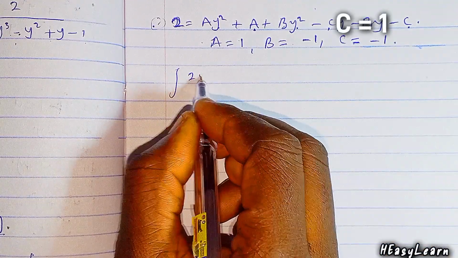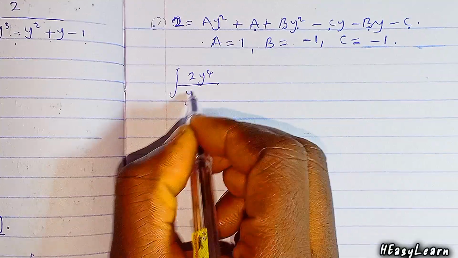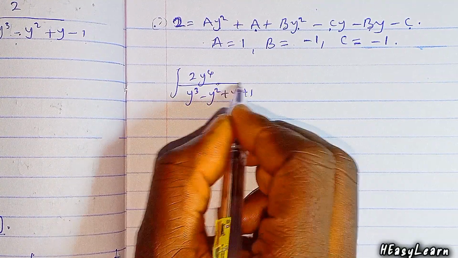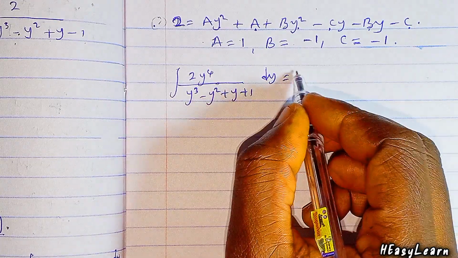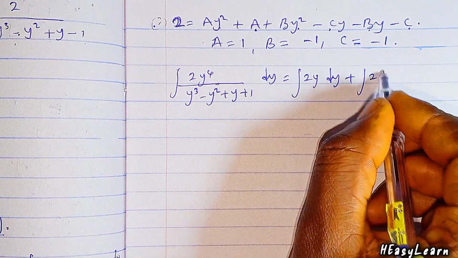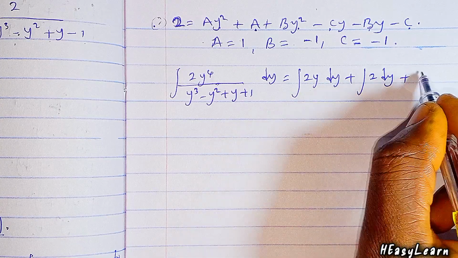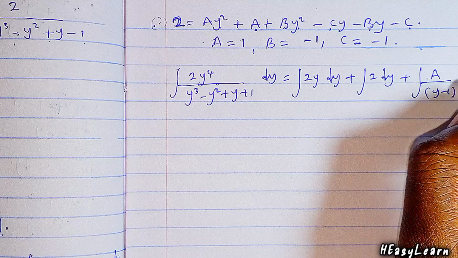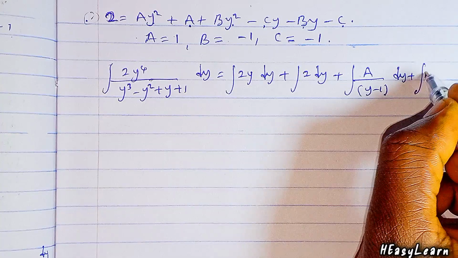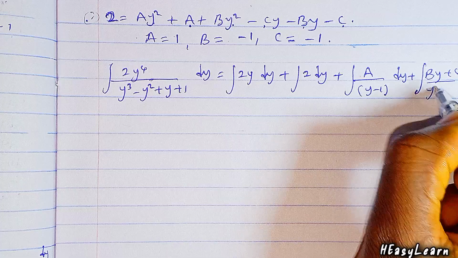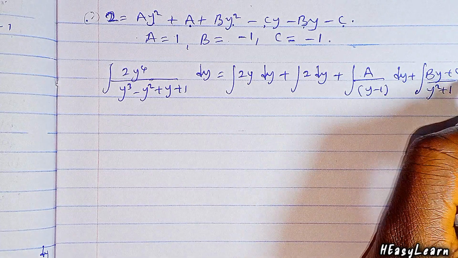So the integral of 2y to the power of 4 divided by y cubed minus y squared plus y minus 1 dy is equal to the integral of 2y dy plus the integral of 2 dy plus the integral of A divided by y minus 1 dy plus the integral of By plus C divided by y squared plus 1 dy.